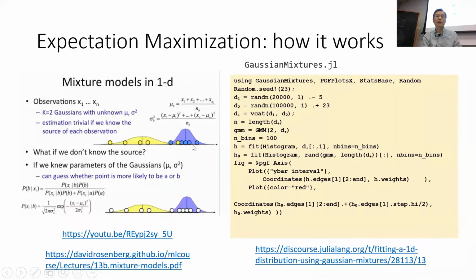If you know the clusters, like these blue points and the yellow points, this example is one dimension, you can fit two Gaussian curves, to say, okay, I have a mean, I have a standard deviation. So you know how to fit this to make the likelihood to explain those points collectively maximized.